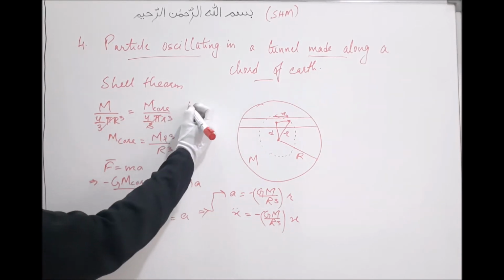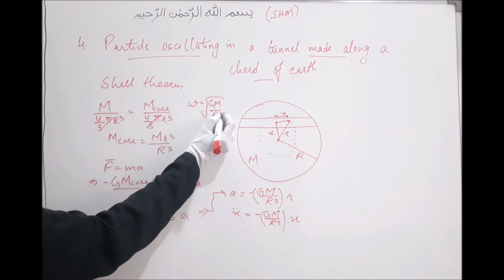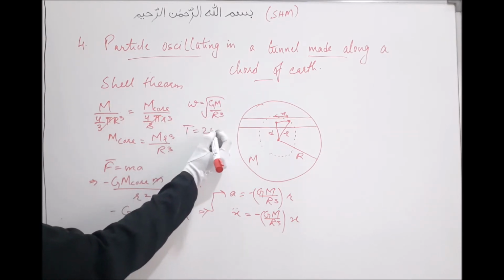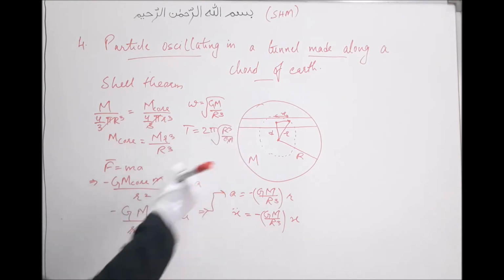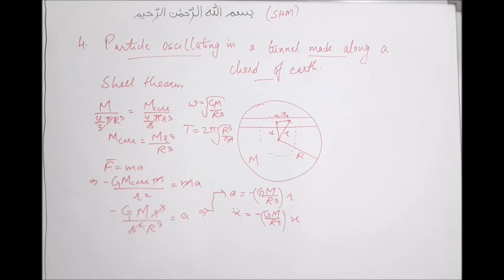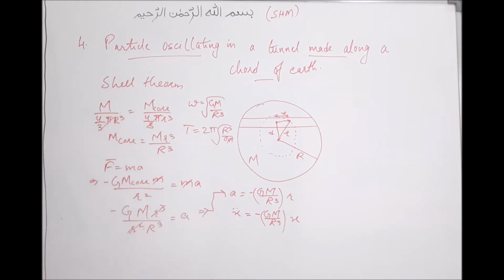So here we can write omega as root of G M upon R cubed and the time period as 2 pi by omega, so that will be 2 pi root of R cubed upon G M. Since we did not use any approximation, we can say that the oscillation will be simple harmonic for small as well as large displacements.